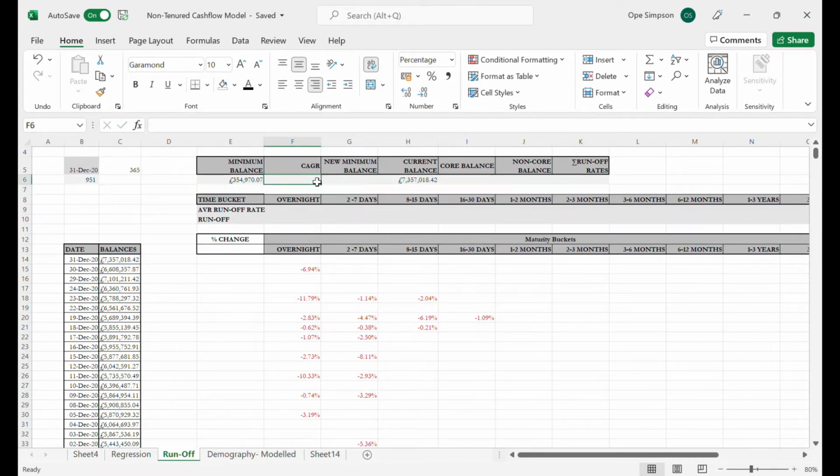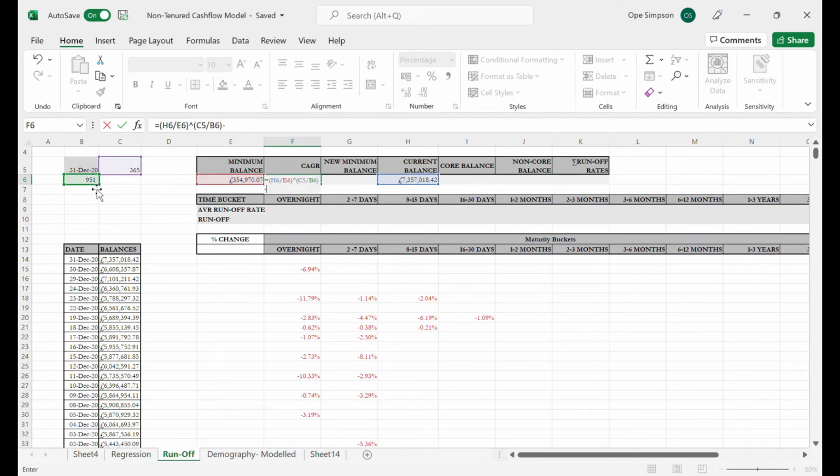Our CAGR is simply our current balance divided by our minimum balance raised to the power of time elapsed. Now 951 days have elapsed from the beginning of our data set, which began on 25th of May 2018, to our current day of 31st of December 2020. So we raise that to 365 divided by this.